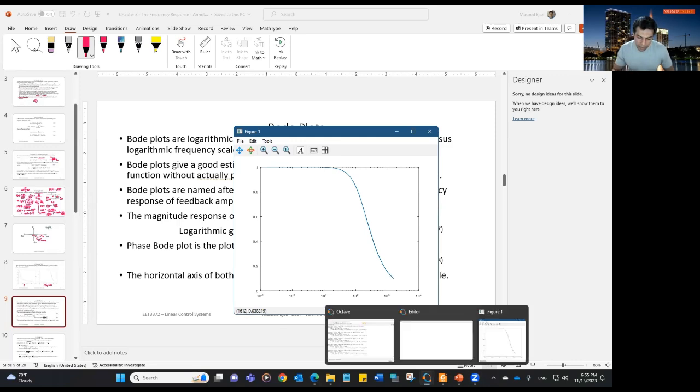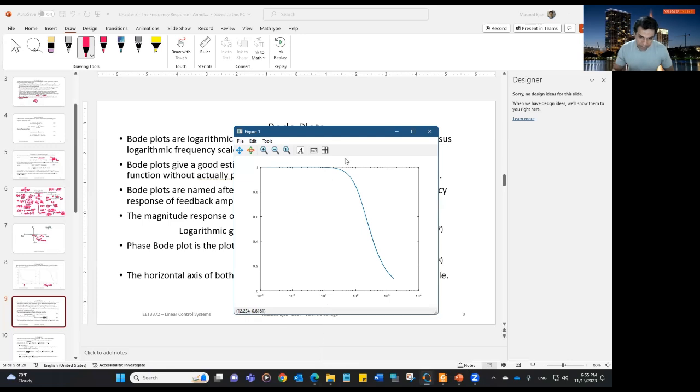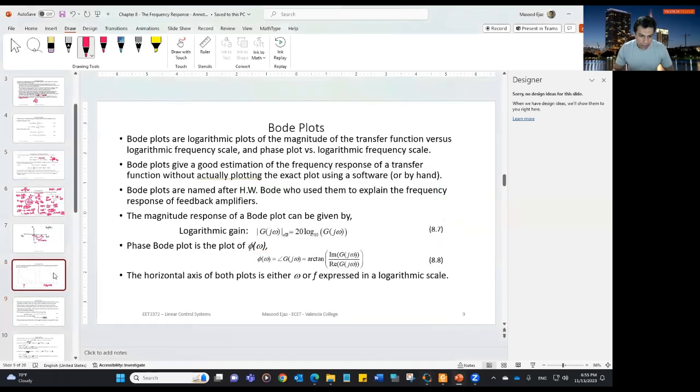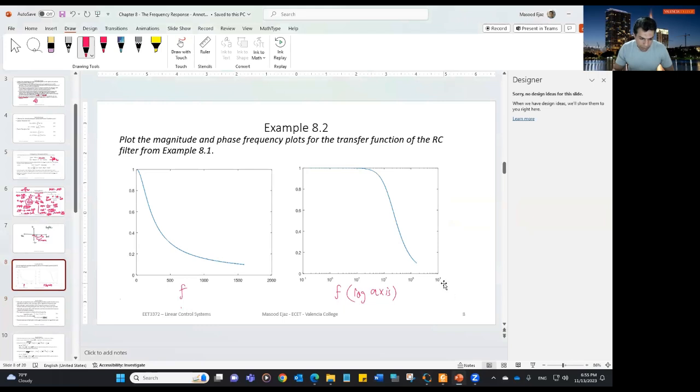But Bode plots are approximate plots. This is the exact plot: for each value of omega or f, the corresponding value of the magnitude is calculated and plotted versus f or omega. Bode plots are approximate.